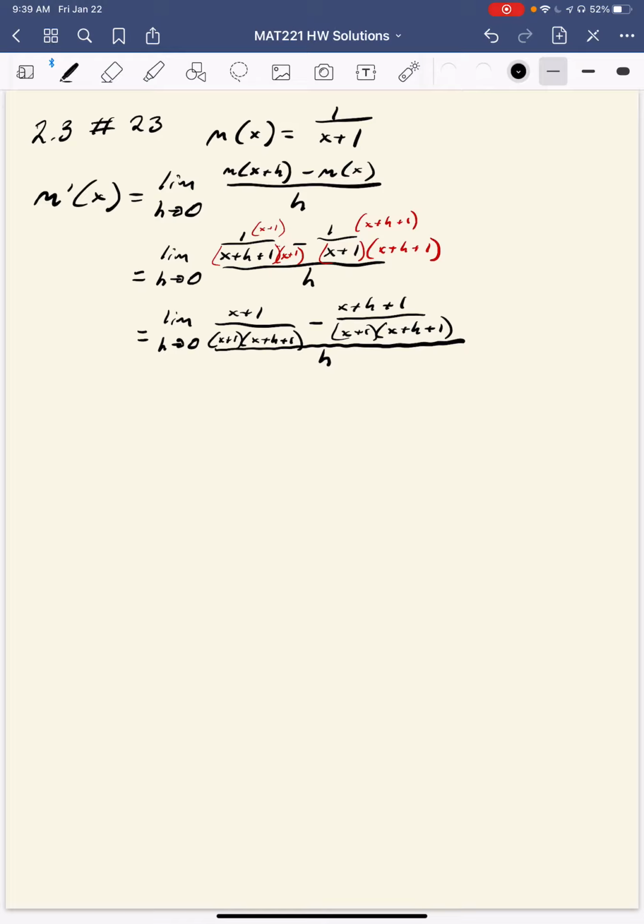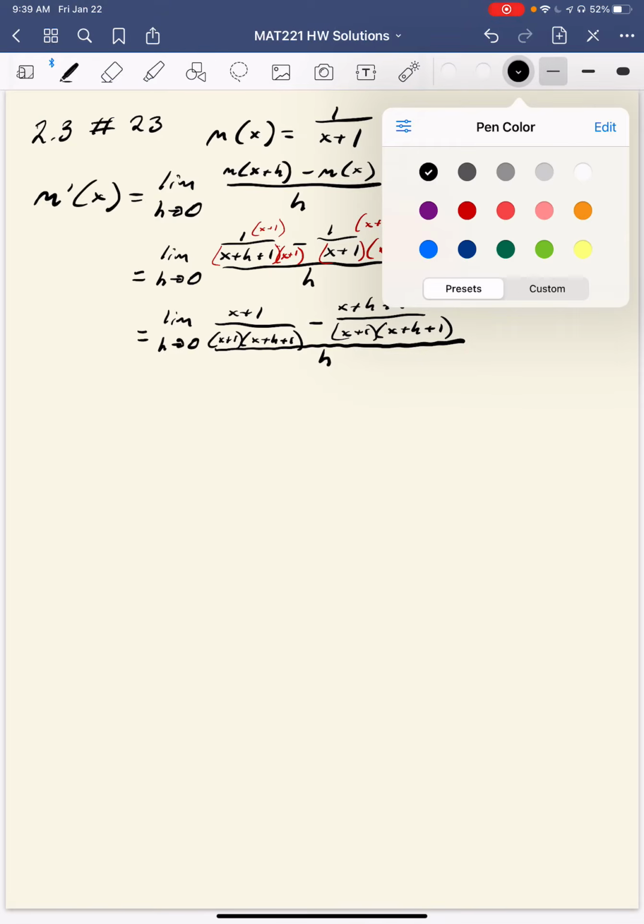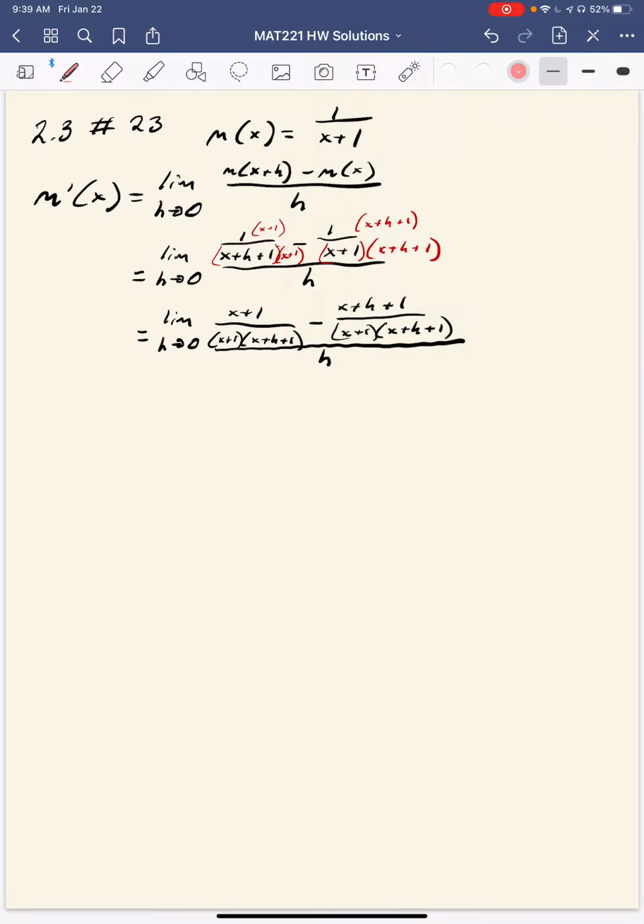All right, let's see what I can clean up here algebraically. When I do the subtraction, I have this term here, x plus 1, and I'm subtracting from that x plus h plus 1. So the x minus x would give me 0. The 1 minus this 1 would give me 0. So what I'm left with is this minus h.